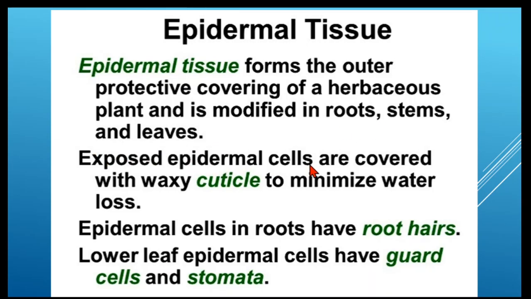Exposed epidermal cells are covered with waxy cuticle so that the loss of water is minimized lah during transpiration. Okay, epidermal cells in roots have root hairs, and lower leaf epidermal cells have guard cells and stomata. Okay, itu adalah dia punya modified types of epidermal cell.